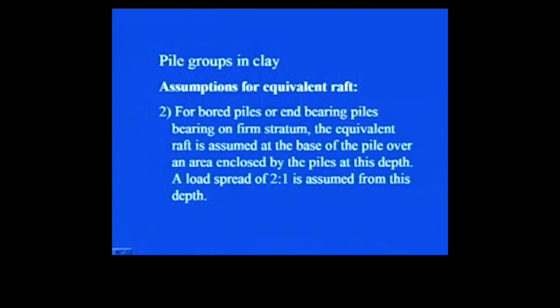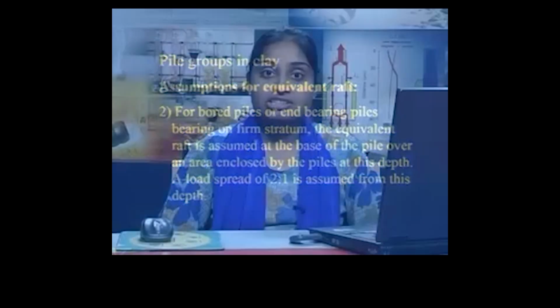Then the second point is that for bored piles or end bearing piles on firm stratum, the equivalent raft is assumed at the base of the pile over an area enclosed by the piles at this depth, and then a load spread of 2:1 is assumed from this particular depth. As I mentioned earlier, this equivalent raft is assumed to be placed at some arbitrary depth.